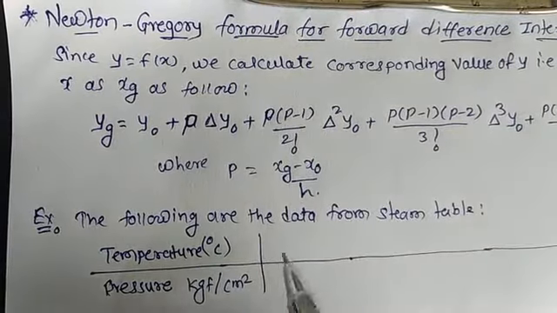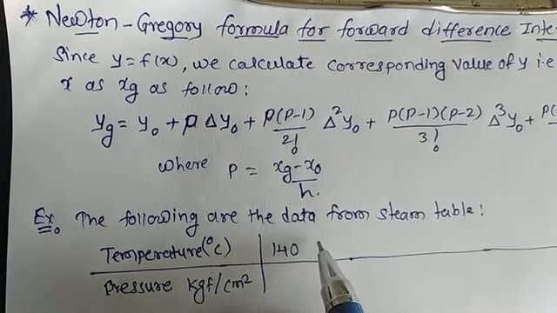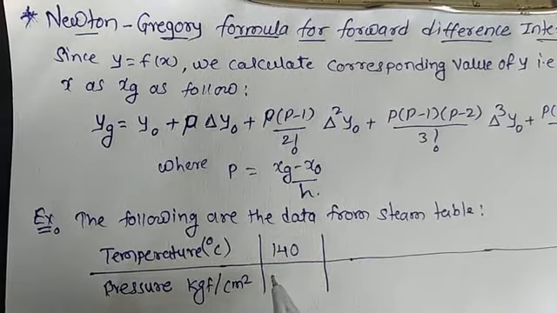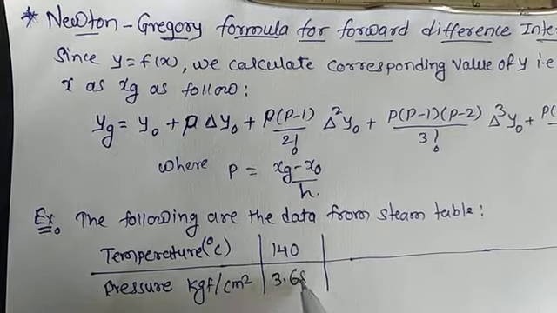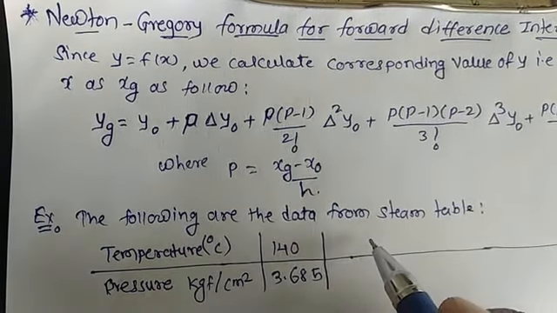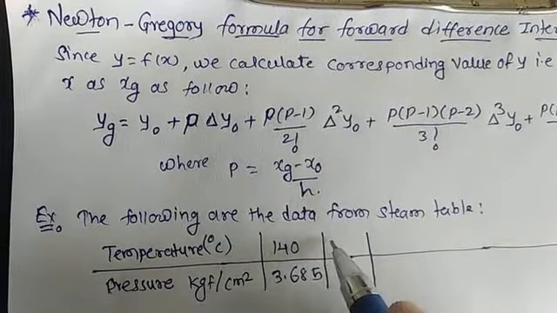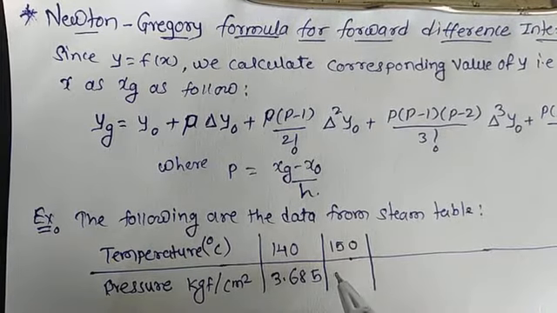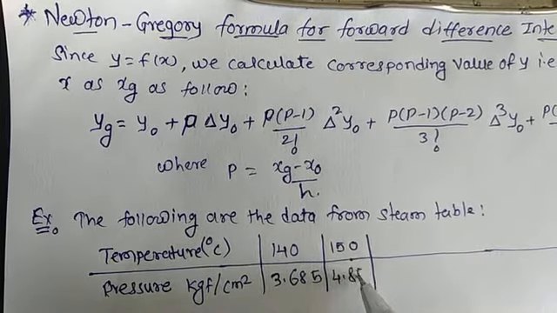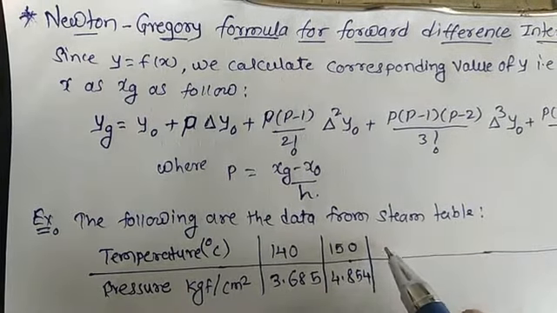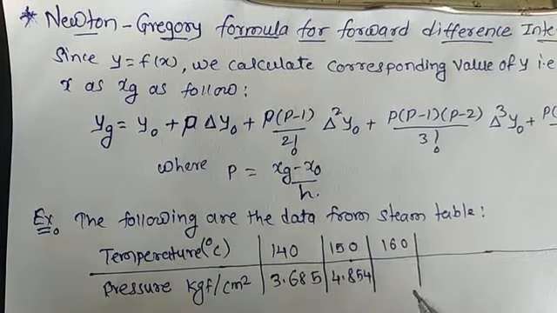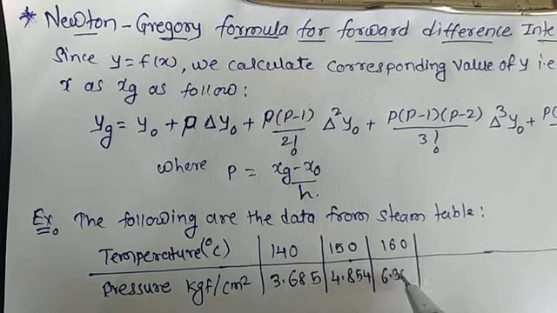So for 140 degrees Celsius its pressure is 3.685 kgf per centimeter square. Next, for 150 degrees Celsius it is 4.854. For 160 it is 6.302.